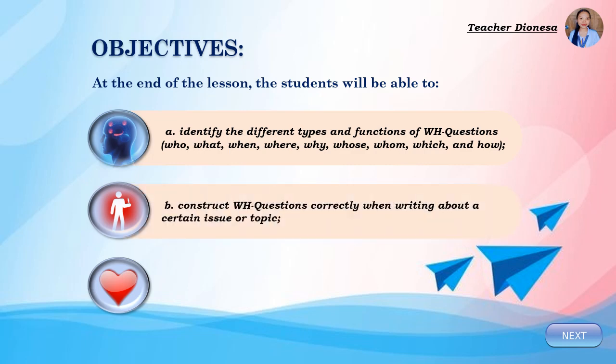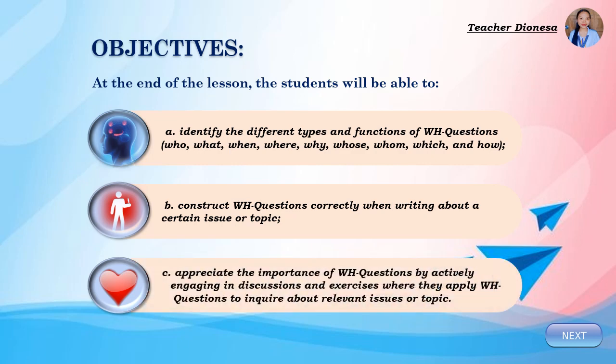Construct WH questions correctly when writing about a certain issue or topic. And appreciate the importance of WH questions by actively engaging in discussions and exercises where you apply WH questions to inquire about relevant issues or topics.